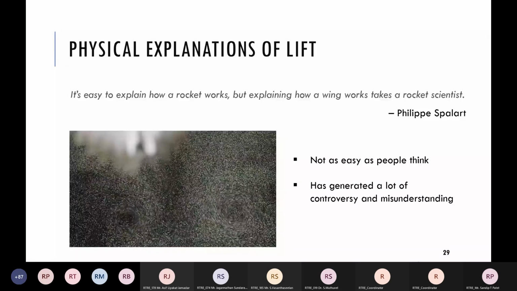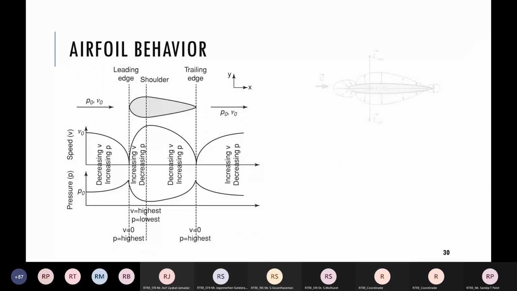Yeah, so this is what happens when air strikes an airfoil. Here we are talking about a symmetrical airfoil having horizontal orientation, let's say. The pressure and velocity of ambient air before the airfoil, far away from the airfoil, is P0, V0.